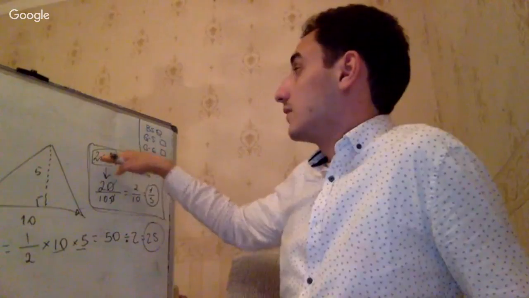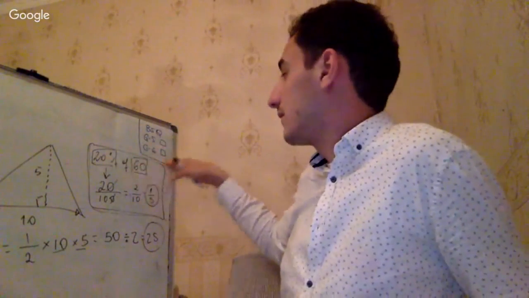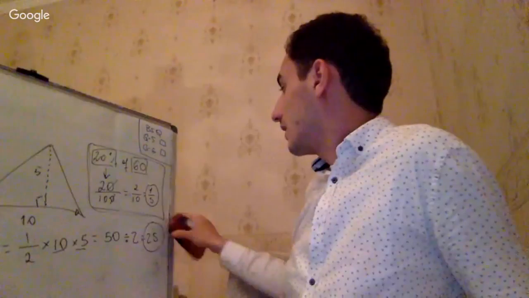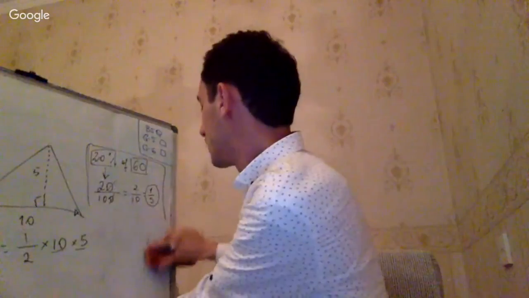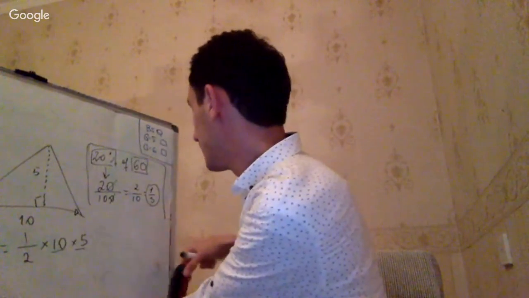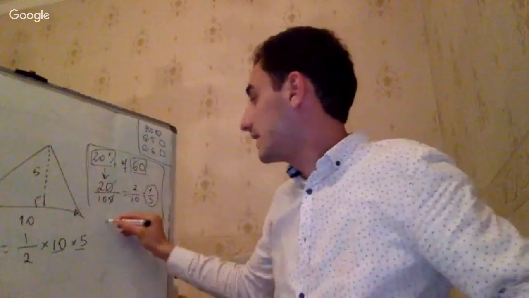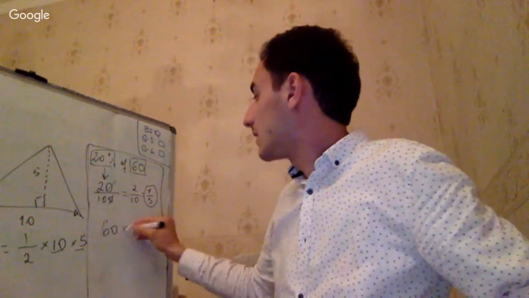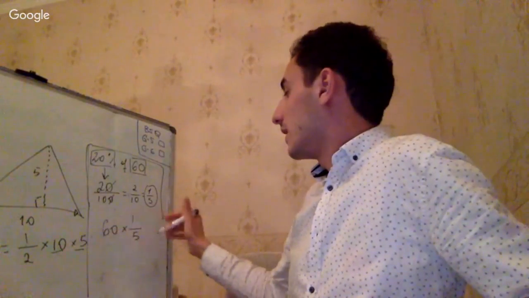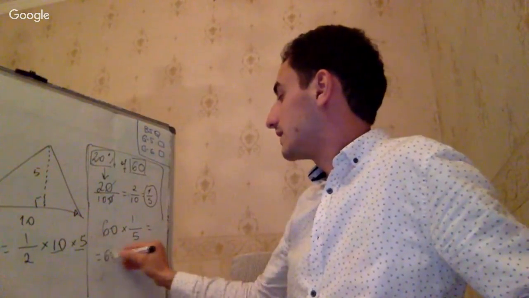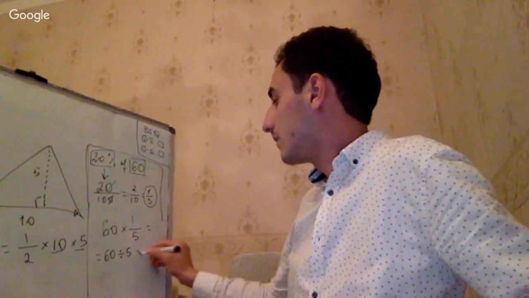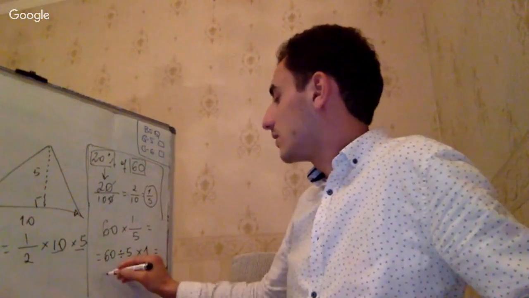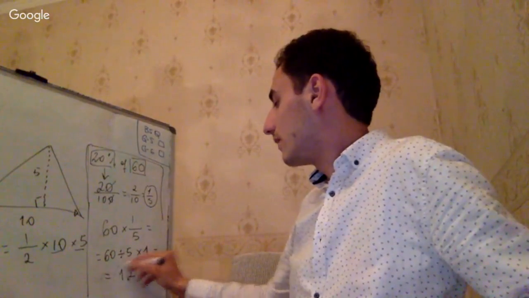So I have converted 20% into a fraction, which is 1 over 5. Now, instead of finding the percentage of an amount, I can find the fraction of the quantity. For finding the fraction of the quantity, I need to multiply the quantity by that fraction. So 60 multiplied by 1 over 5, which is equal to 60 divided by 5 multiplied by 1, and it's going to be 12.